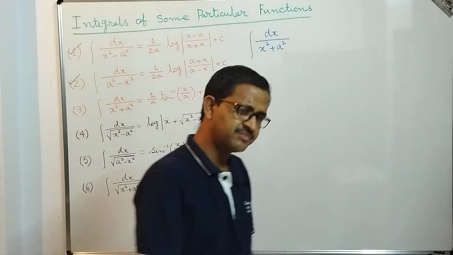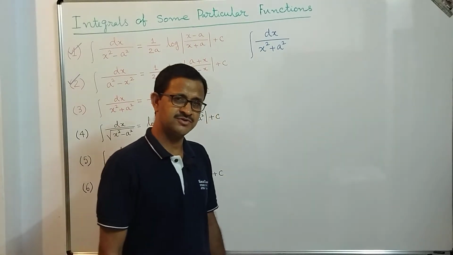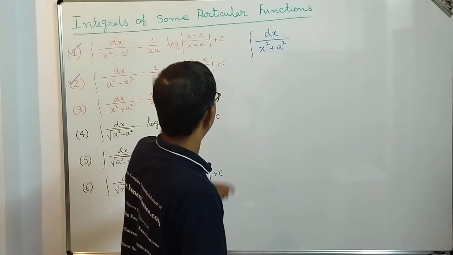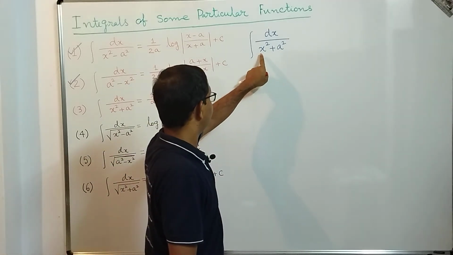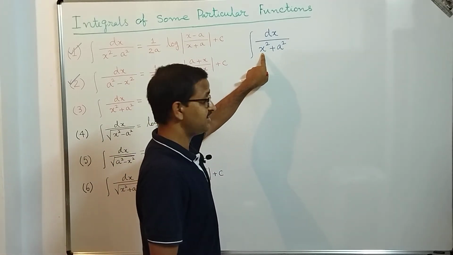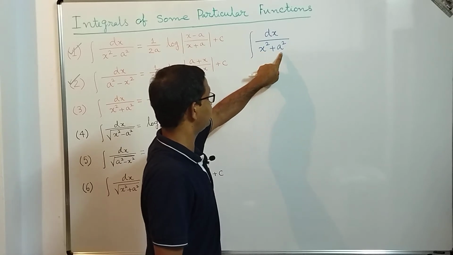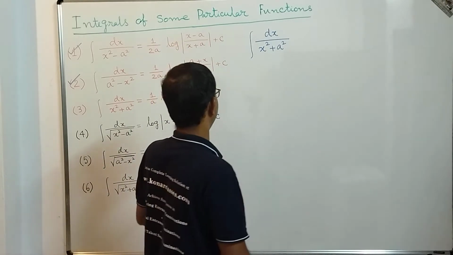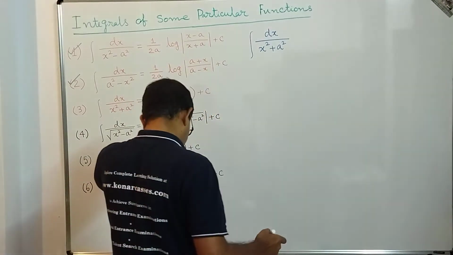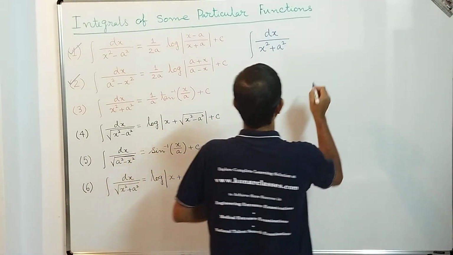So what kind of substitution comes to our mind, dear students? That is x equal to a tan theta. Why? Because if we apply x equal to a tan theta, it will be a square tan square theta plus a square. That will become a square sec square theta, and then we'll proceed with the dx also. So let's proceed and then we'll understand.